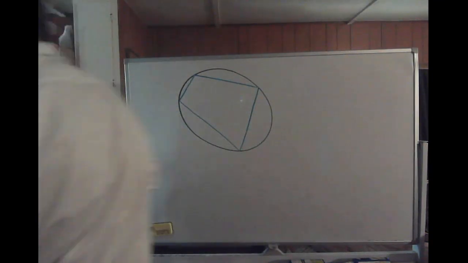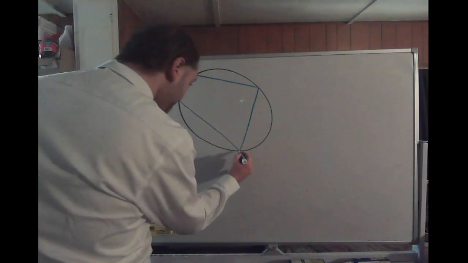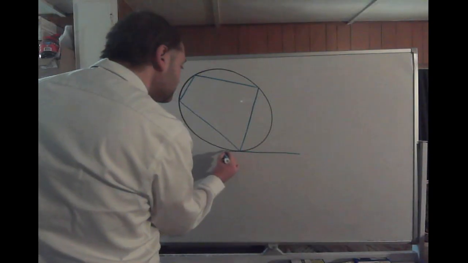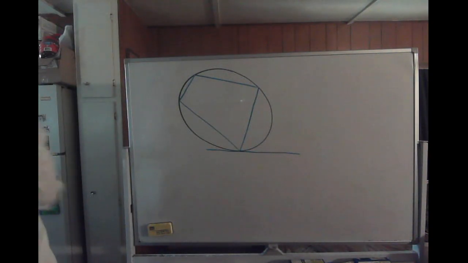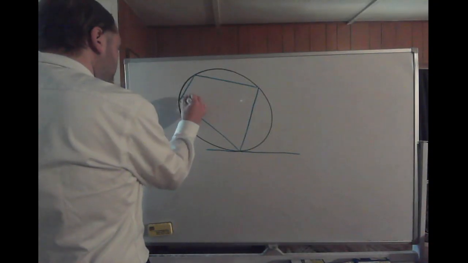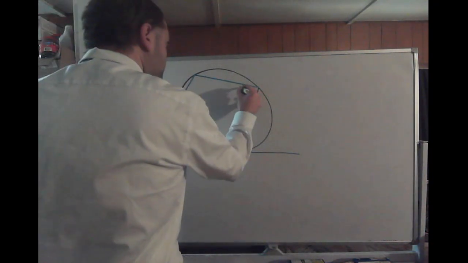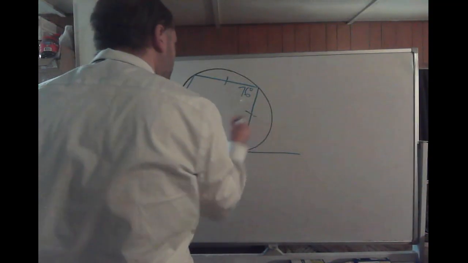I know that looks a little weird and lopsided, but that's what it is. Alright, so this is x degrees. This is 76 degrees. That's congruent.